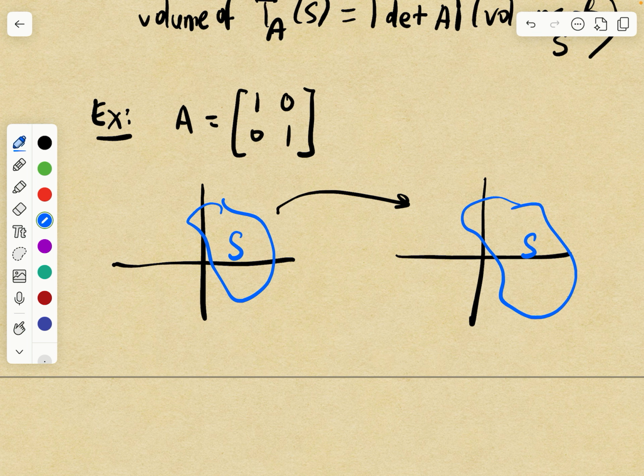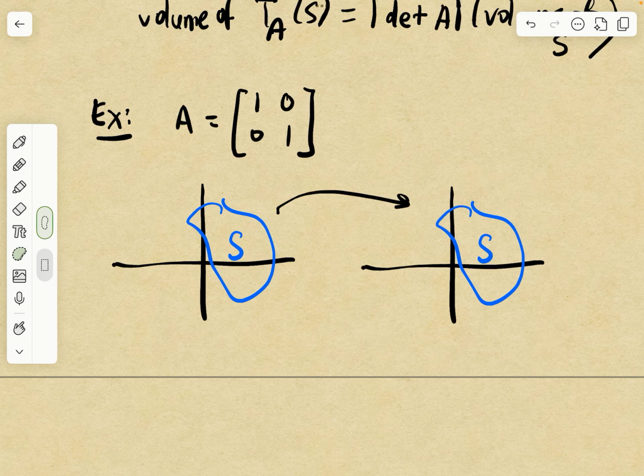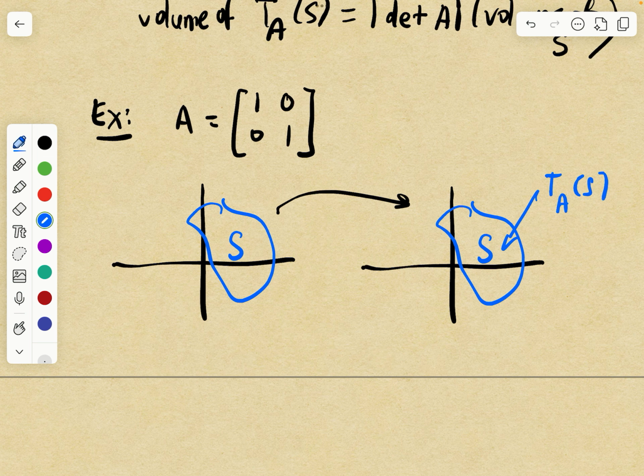Oh, maybe I'll actually just literally make a copy of this, just to emphasize that. There we go. Right. The area of S is the same as the area of T sub A of S. S is the same as T sub A of S in this case, and so they have the same area. And the determinant of A is 1. So as expected by the theorem, the area does not change.